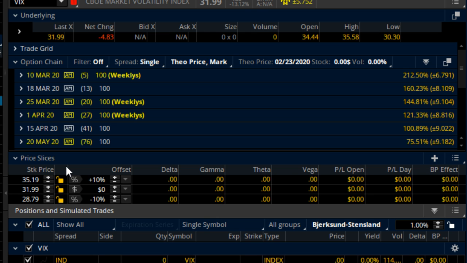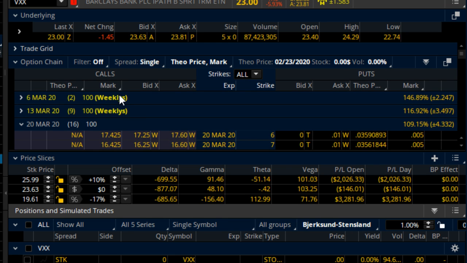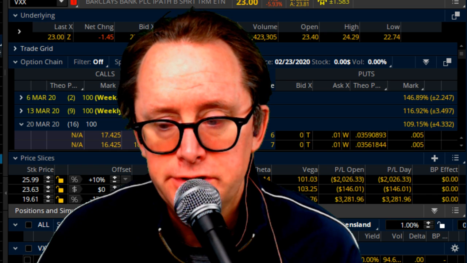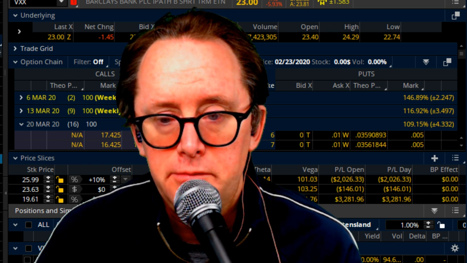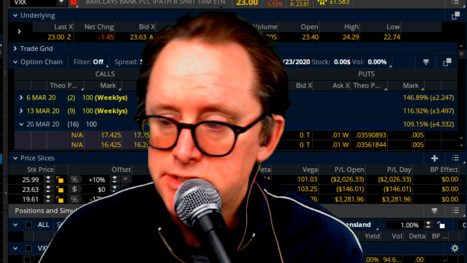The big difference with UVXY and VXX is that every month is hedged just with VXX or UVXY when you're trading these products. So what we're talking about here is doing calendars in VXX or UVXY. As far as any options on the VIX, you don't want to ever do calendar spreads on the VIX because it's unpredictable what each month's going to do.